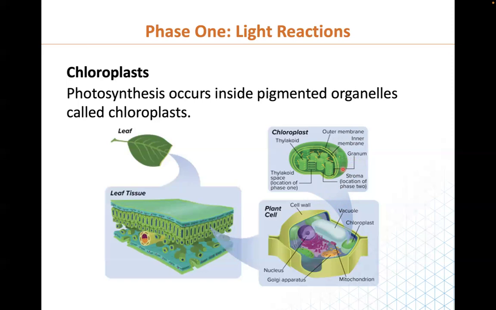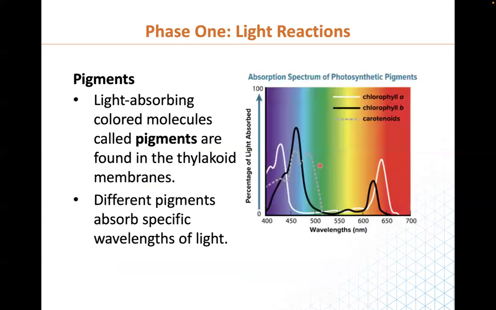As I said, the granum is a stack of thylakoids put on top of each other. The stroma is actually the liquid area, the space in between the thylakoids. The thylakoid space is located in phase one. Please know this very well, as it will give you a better understanding when you want to talk about what happens in it.